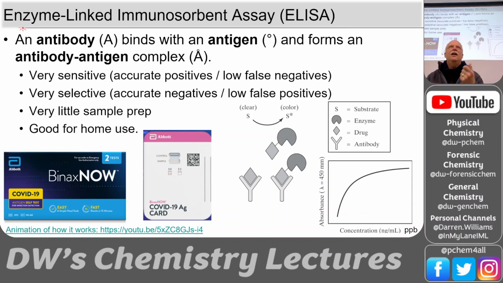More kind of like a rubber lock and a rubber key. But different kinds of keys will fit better than others, and so they can be made specific to react to drugs or, in this case, the spike proteins on COVID, or even hormones in the body.